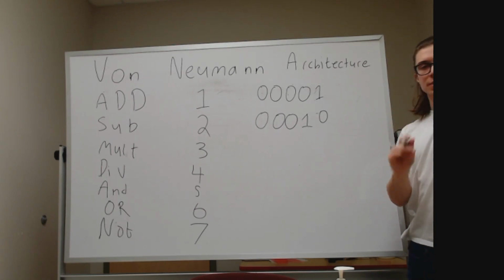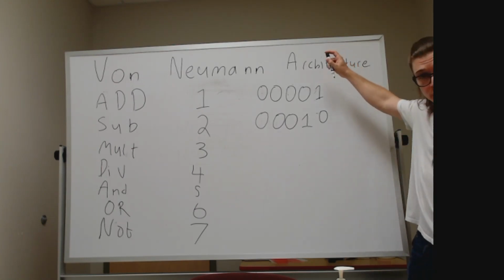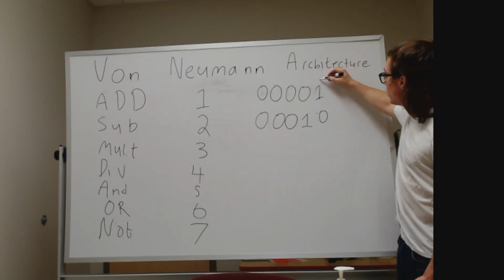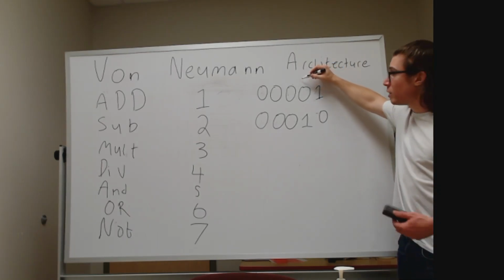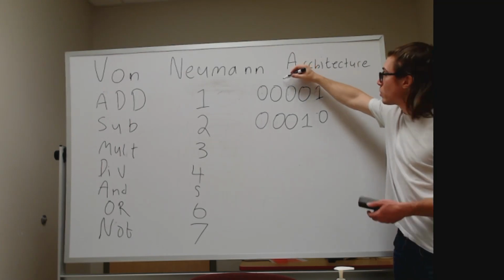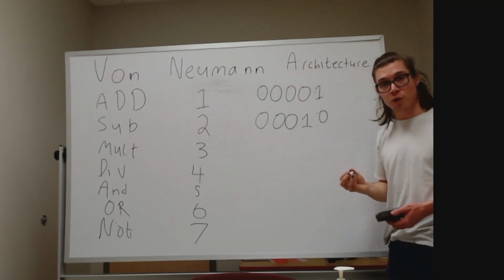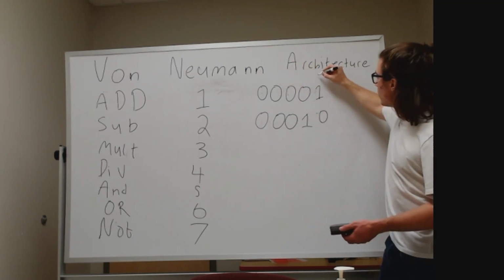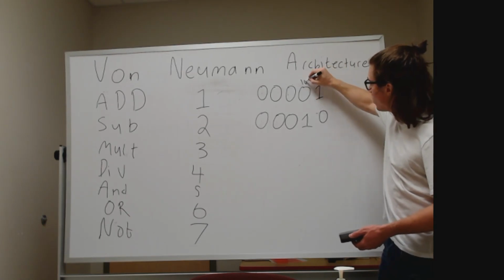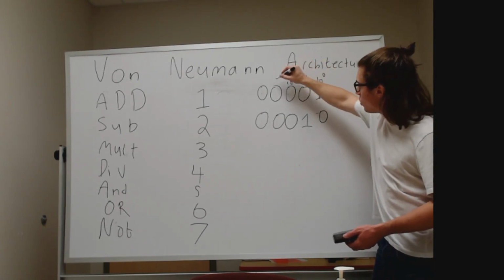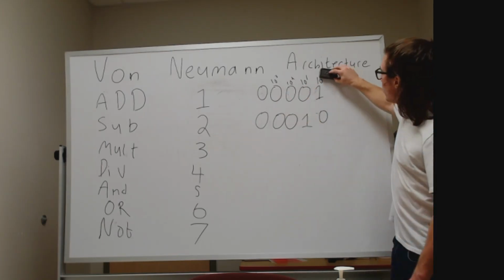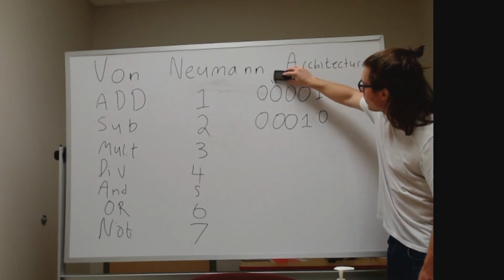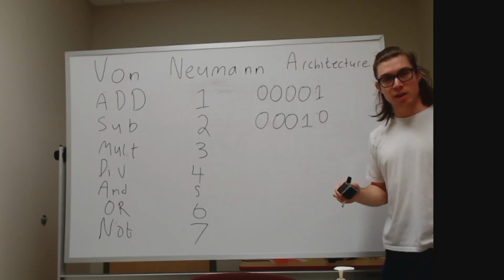So the reason that this makes sense is in the decimal number system that you're used to, this represents the ones column, this represents the tens column, this represents the hundreds column, this represents the thousands column, so on and so forth. Well, what are all of those columns? Well, they're 10 to the 0, 10 to the 1, 10 to the 2, 10 to the 3, so on and so forth. So these are just the powers of 10 because that's the base 10 number system.